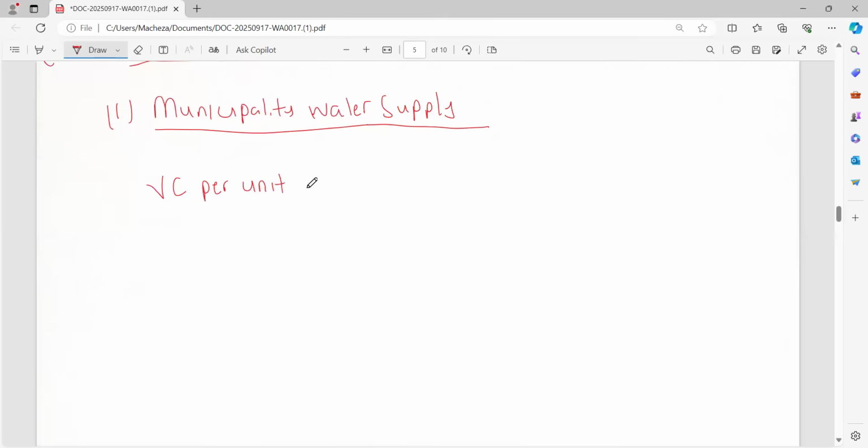For our variable cost per unit, we're going to use the high-low method.